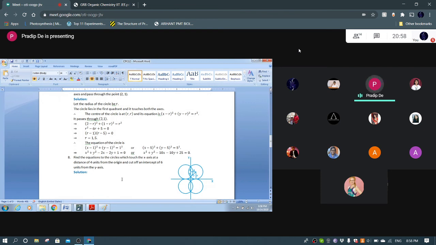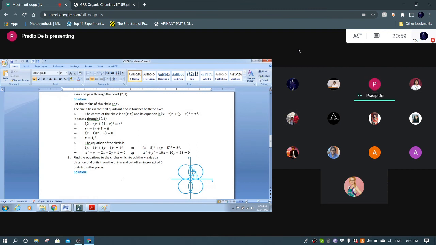I didn't solve it. Can you find out the center and radius? What is the abscissa of the center? 4. 4.